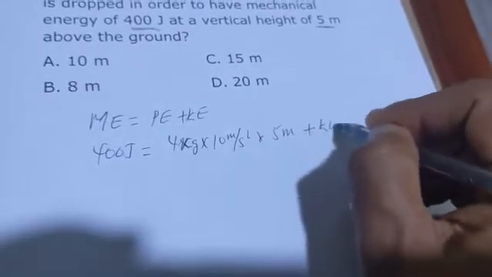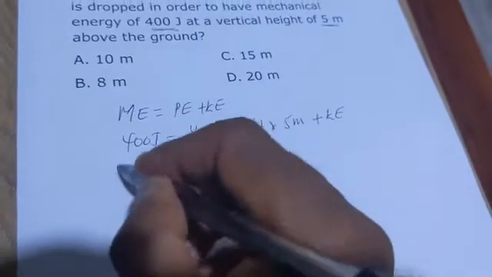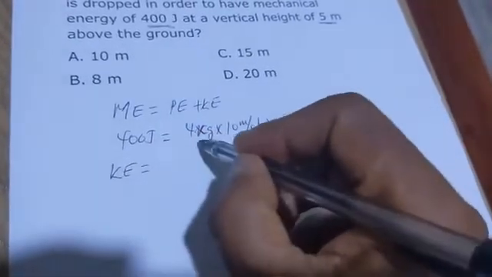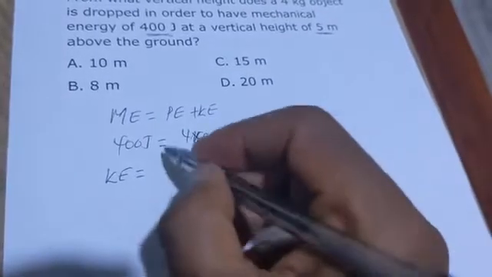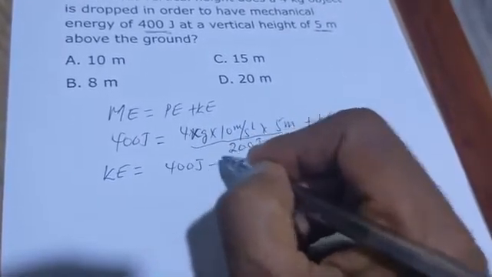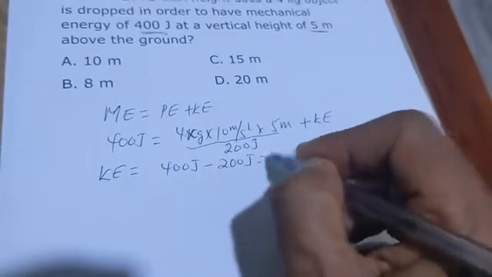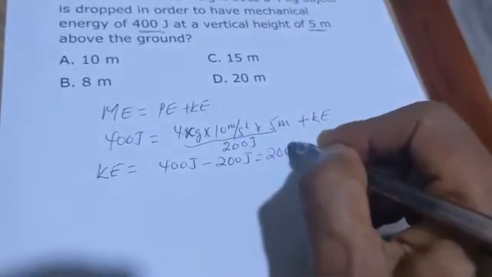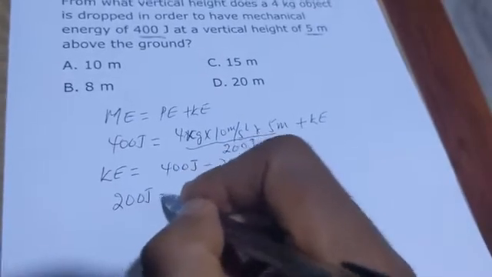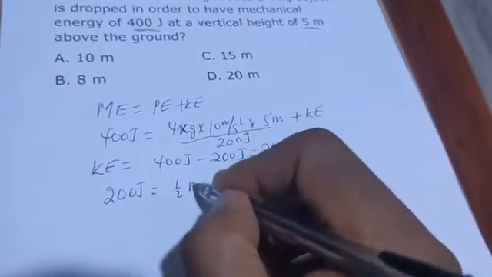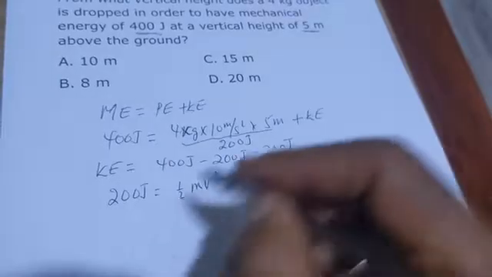This is the kinetic energy. Then the potential energy is 200 joule, so the kinetic energy is 400 joule minus 200 joule, which is equal to 200 joule. Then this 200 joule is equal to the kinetic energy, half of mv squared.